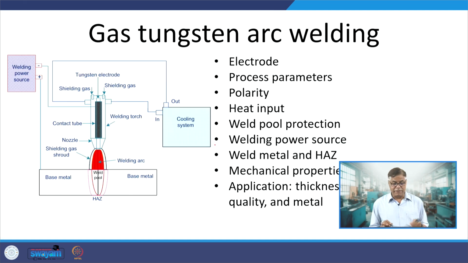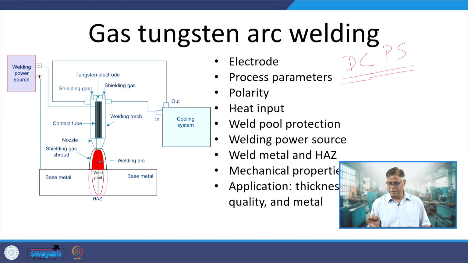Now, we will talk a little bit more about the various technological aspects associated with these two welding processes. As I said, both these processes use a DC, direct current welding power source.